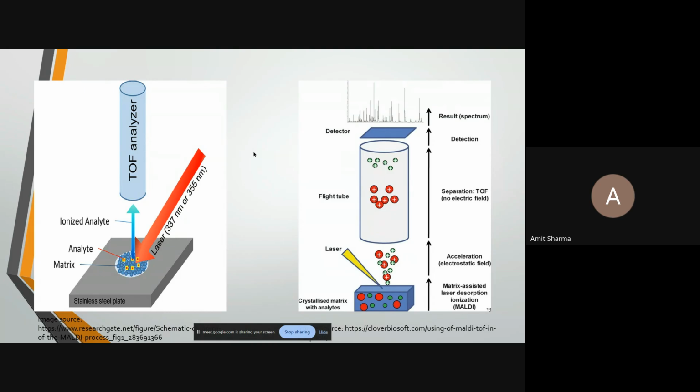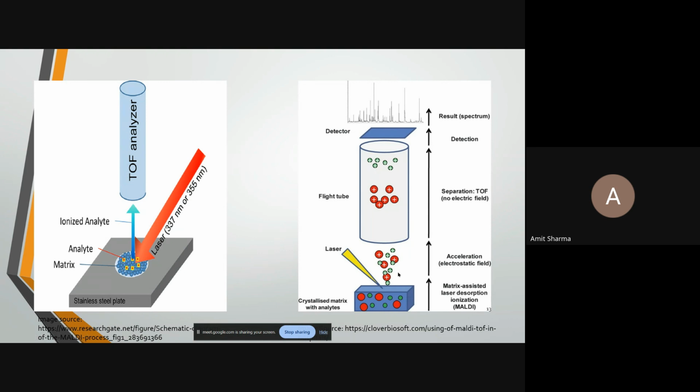These gas phases are released due to the laser action. In this process, proton transfer occurs between matrix and sample, and thus the sample molecules are ionized without fragmentation. As we can see in the right diagram here, they are accelerated towards the flight tube using an electrostatic field.